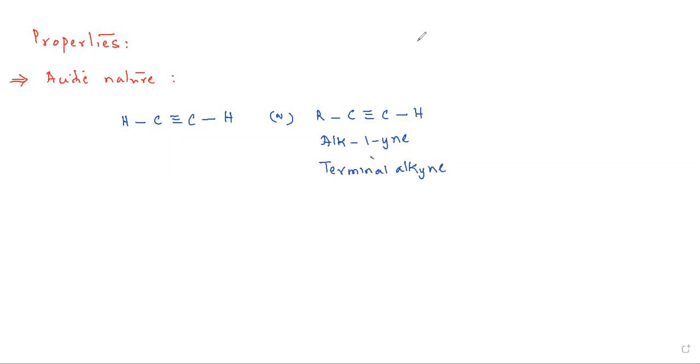Now in this case, if you observe, see the hybridization of the carbon atoms of acetylene, that of a 1-alkyne, I mean the triple bonded carbons, is sp, right?